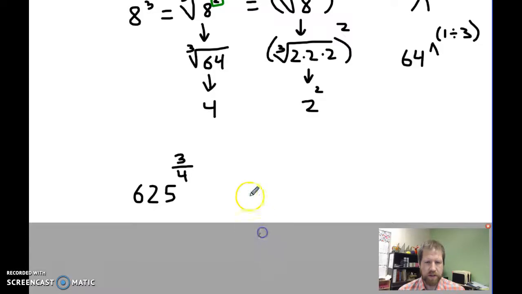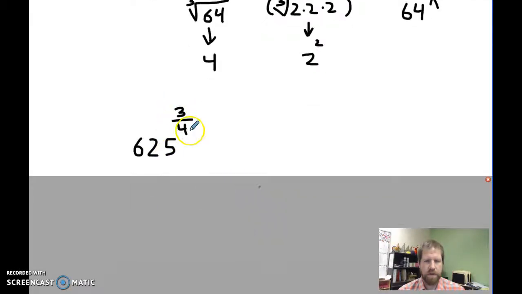So if we look at 625 to the 3/4 power, that's going to be equal to, take my numerator, and I think I'm going to do this one with my numerator on the outside.